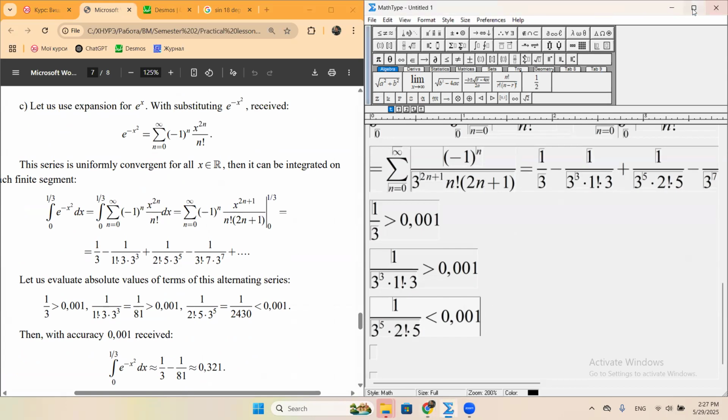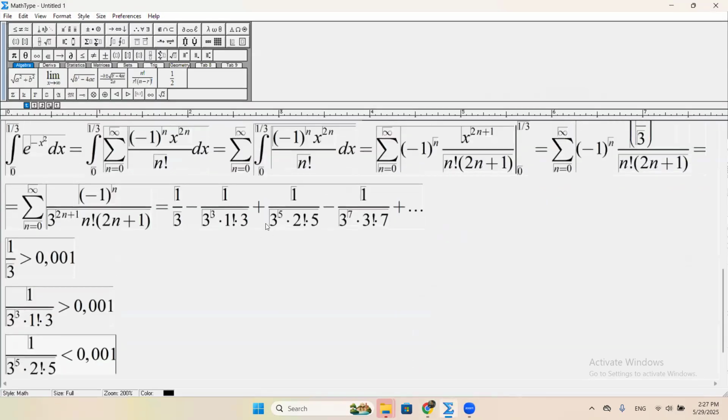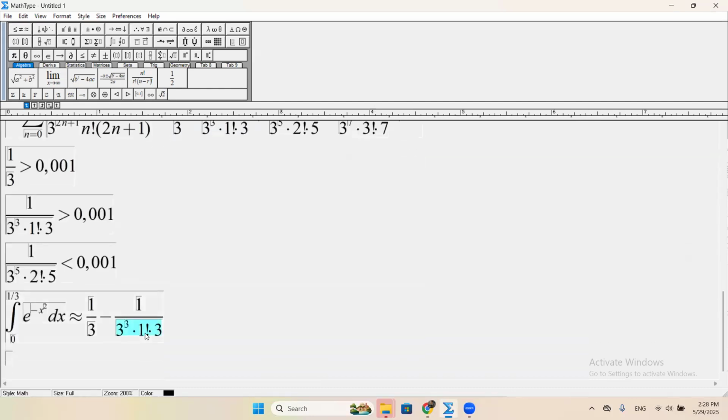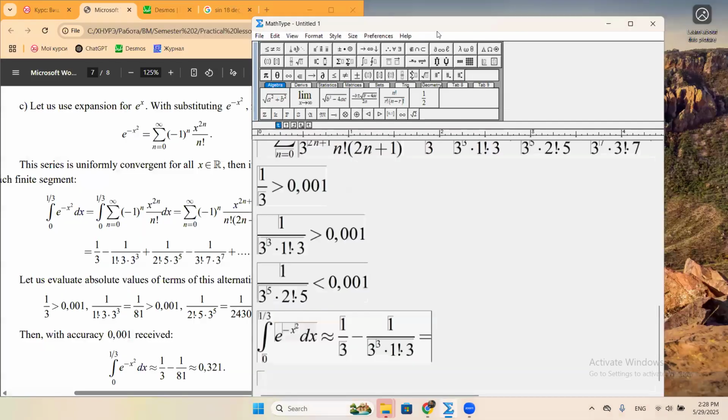Okay, so it will be enough for us to calculate only these values. So the integral will be approximately equal to these values, and it will be equal to 1 over 3 minus 1 over 81.